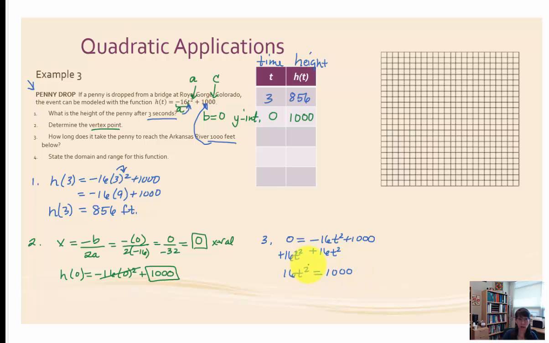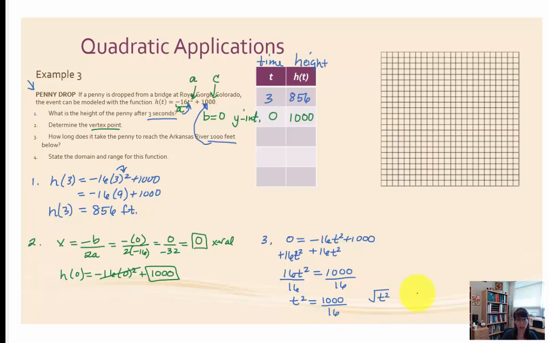We'll just need to undo the squaring of t and the multiplication of 16. So if we start by dividing each side by 16, we'll end up with t squared equals the fraction 1,000 divided by 16. So don't worry about reducing the fraction, because our next step would be to take the square root of each side of this equation.